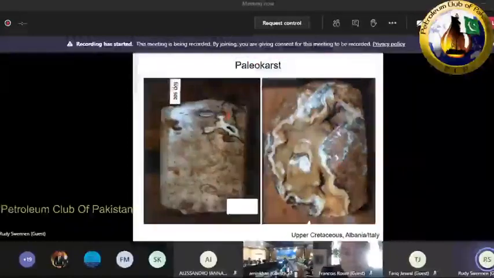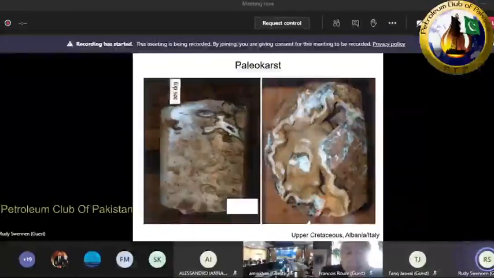Here are some examples of these secondary pores, partly cemented, but related to additional karst formation in these foreland fault and thrust belts.